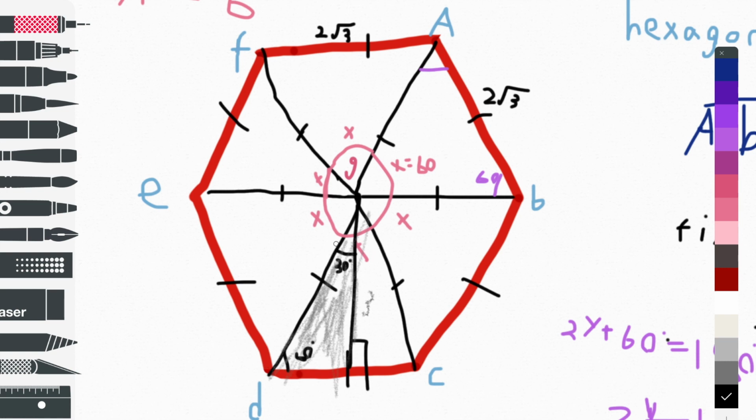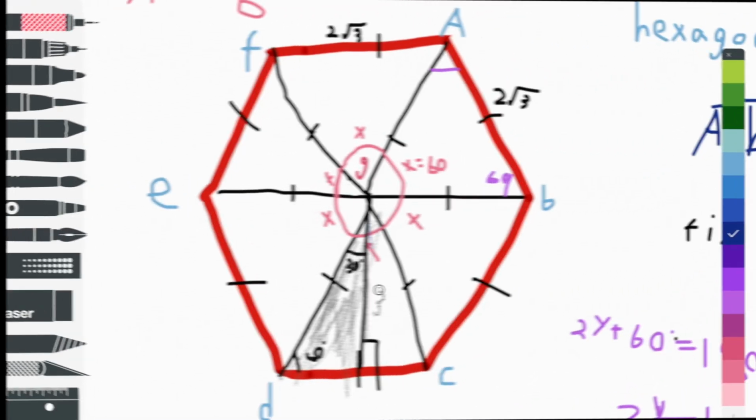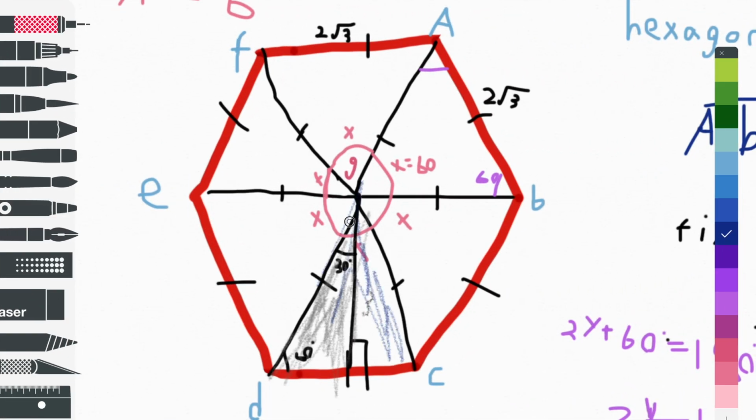So 3 times the base, which is the square root of 3, 1/2 of that. Let's now focus on this entire triangle over here, because now we know the base is 2 square roots of 3, and the height is 3.